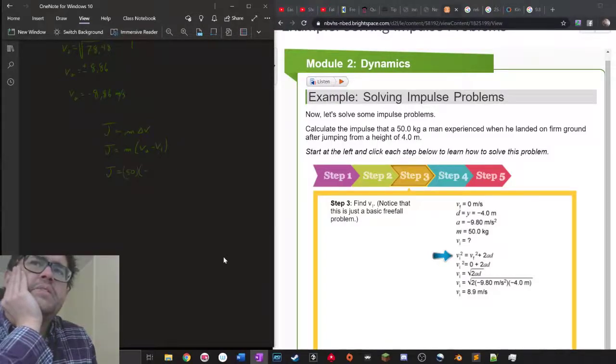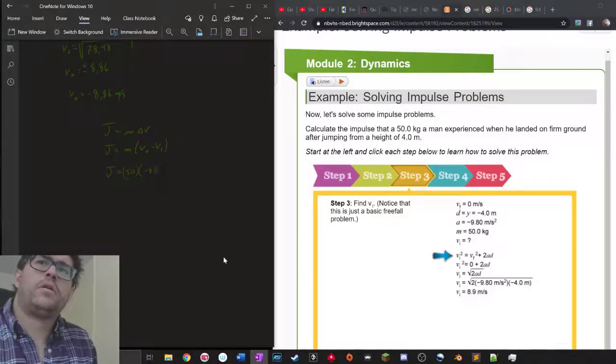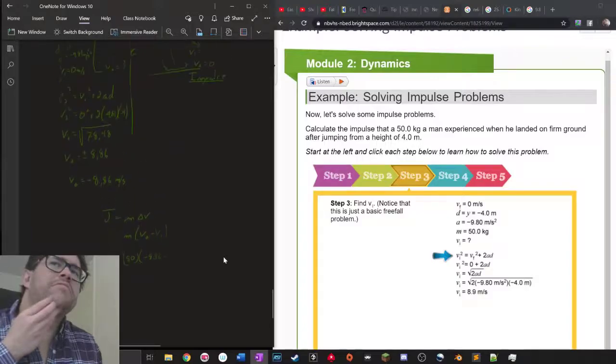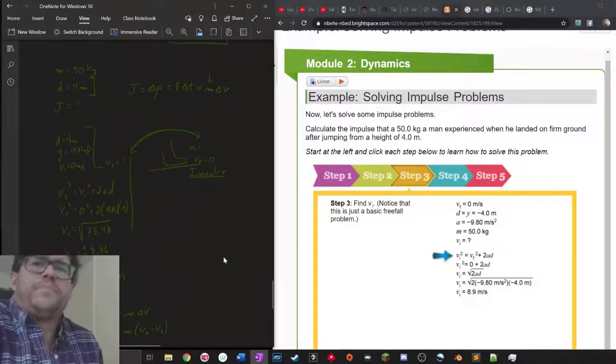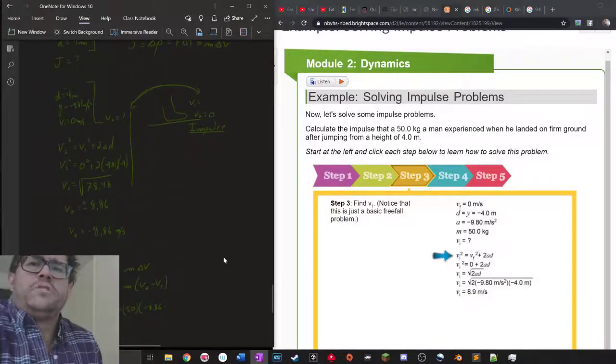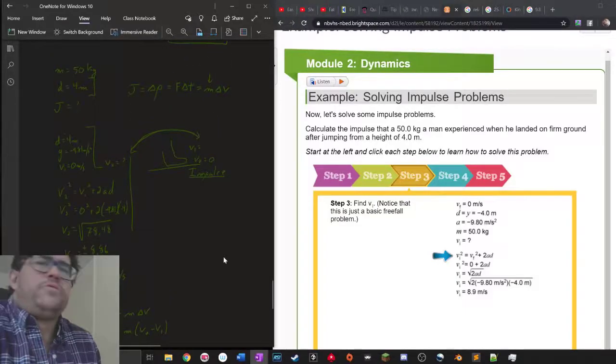And now the speed is minus 8.86. Minus, what's V1 again? Oh, hold up, am I confusing? Yeah, I'm confusing things.